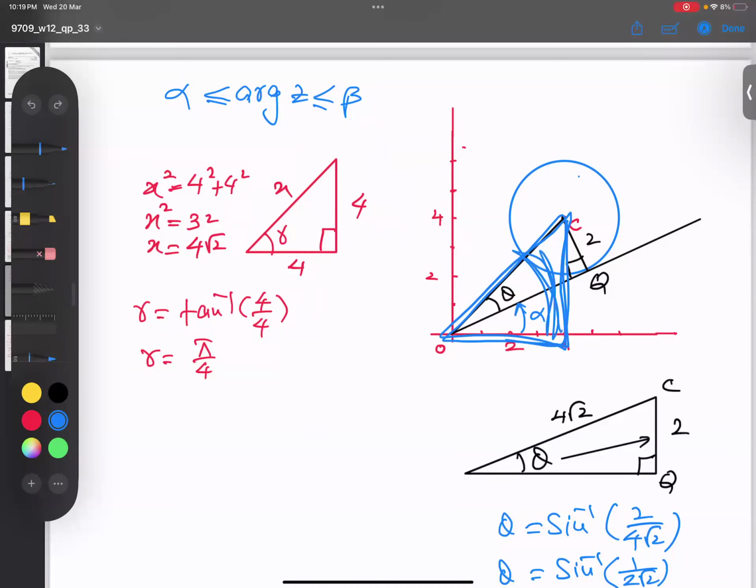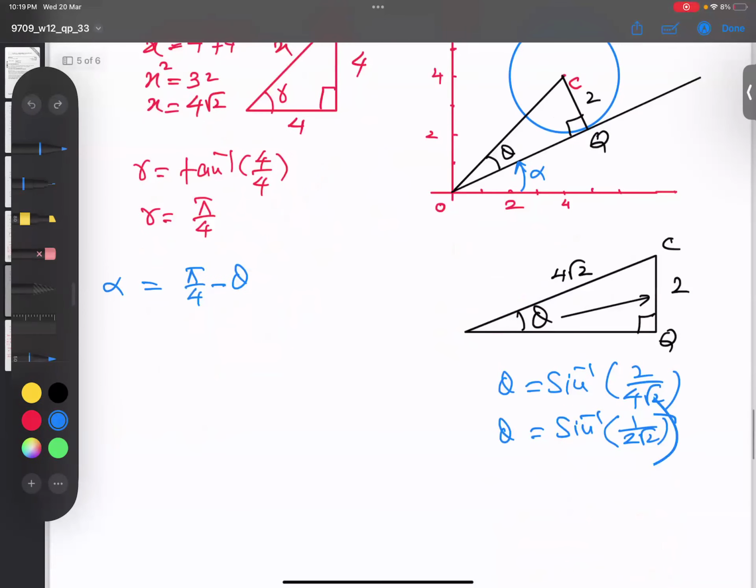From gamma, if you subtract theta, which I don't need, I get my alpha. So alpha, the least argument, is pi by 4 minus theta, which is pi by 4 minus sine inverse of 1 over 2 root 2.